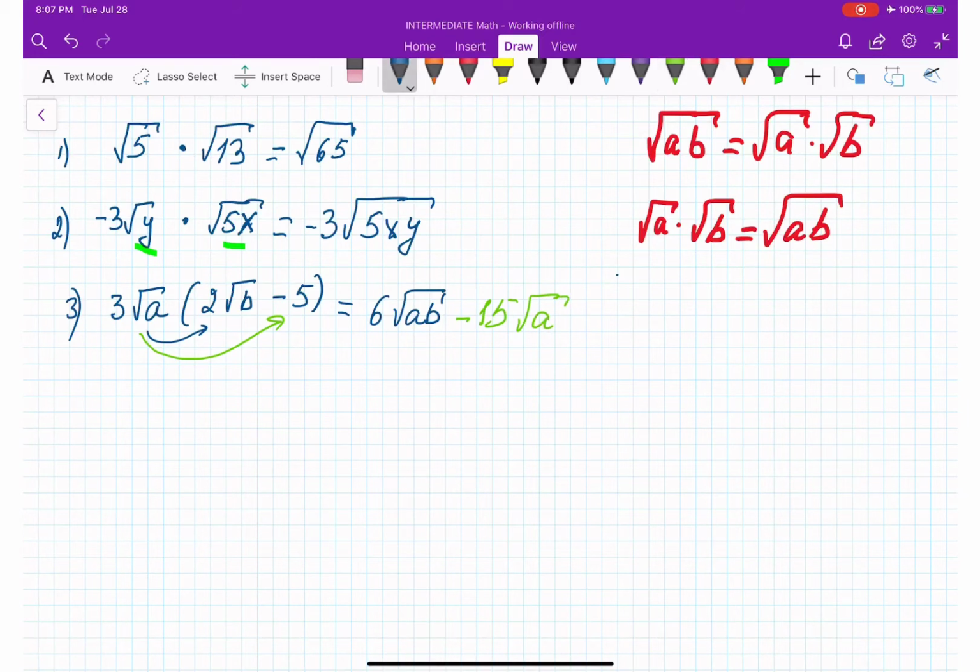Next, negative 4 square root of a times square root 5b plus 6 square root 3.